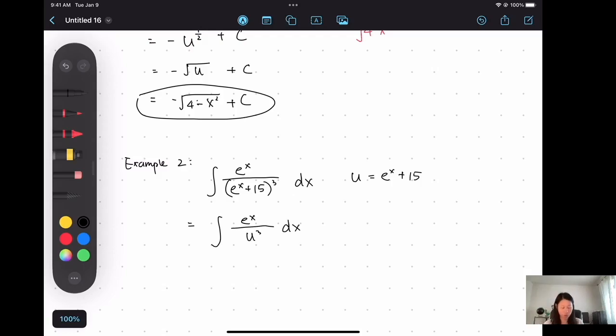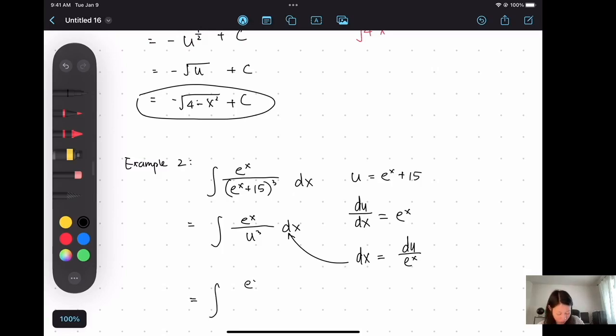I substitute this first. Alright, so the next step is I want to get du, the derivative with respect to x. Well, the derivative of e to the x is e to the x. And now I want to solve for dx. So dx is equal to du over e to the x. Now we can substitute this for our dx.